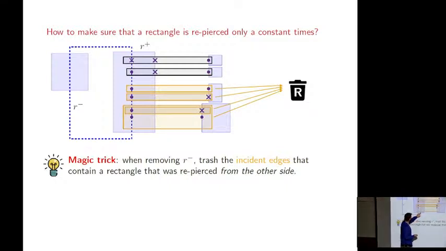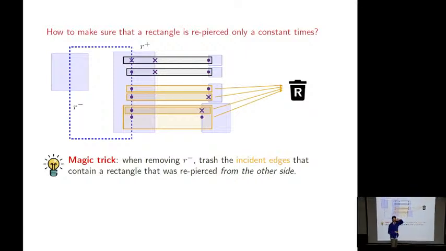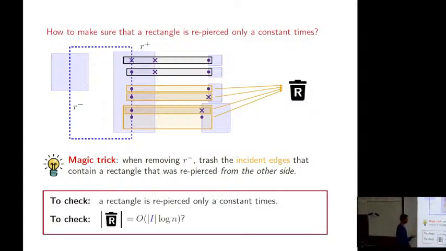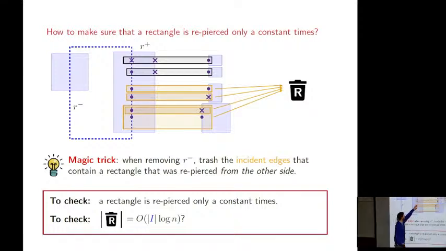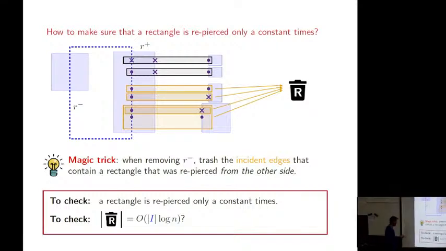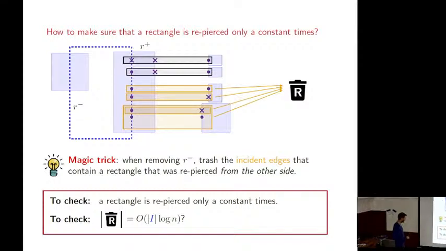It's just when this guy enters the independent set, we will look at the other side, and if the edge contains one rectangle that was repierced from the other side, then we just discard these rectangles. So we just put them in the trash. These ones stay, because they were not repierced from the other side, and in that case we add some new points. And it turns out that this works, so what we need to check is that a rectangle is repierced only a constant number of times, and this special trash has size the size of I times log n.